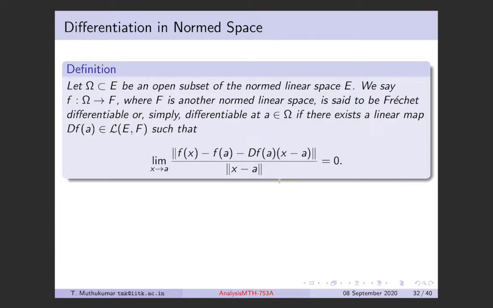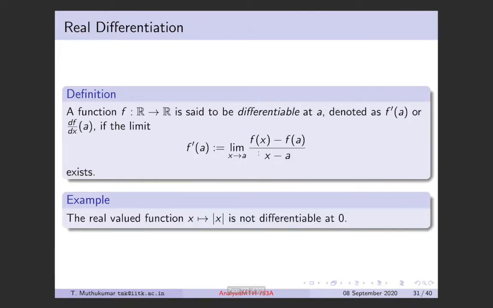This is motivated from the previous definition for the real variable. Recall that derivative basically means looking for a linear approximation to the function at a point. What we did here is look at the chord joining the 2 points x and a, and we make the chord as small as possible. If that limit exists, then that's the derivative, which is the slope of the tangent at that point.